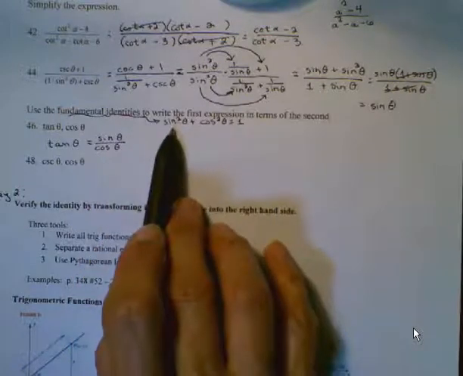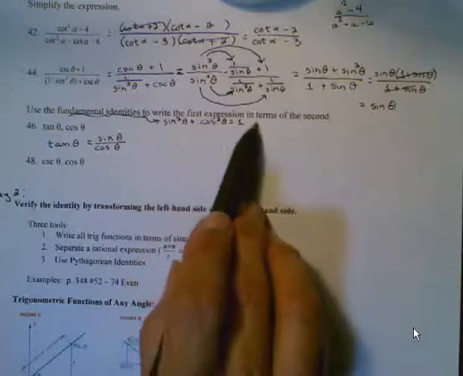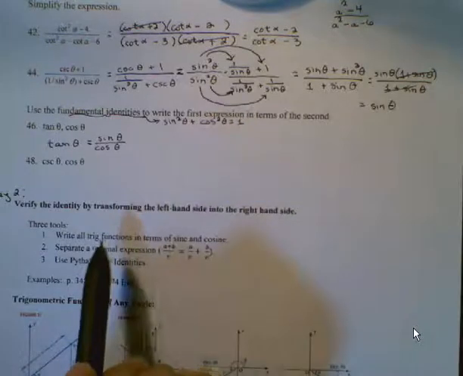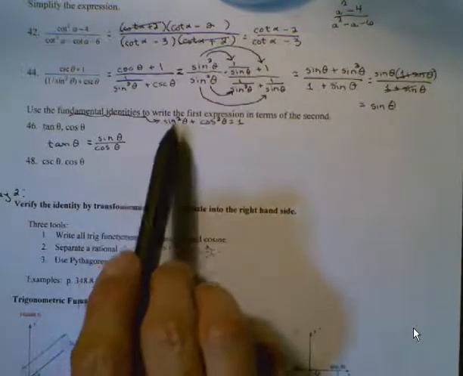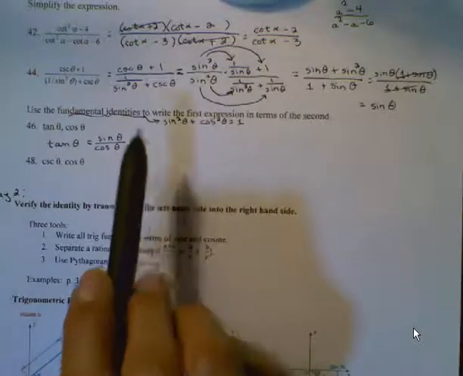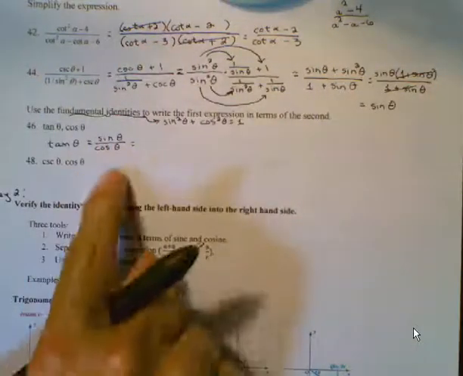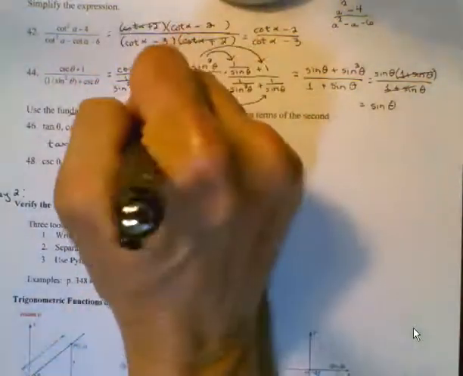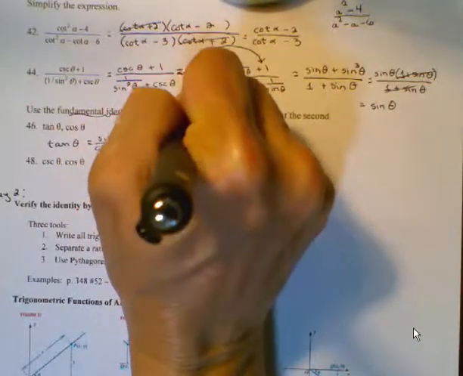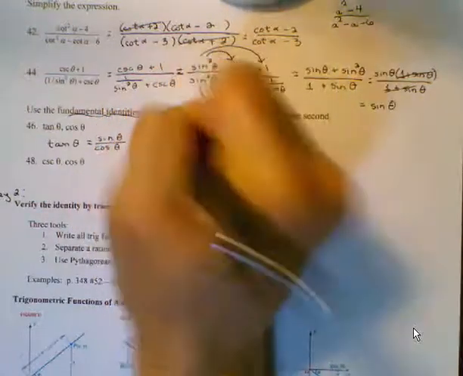That gives us a tool for changing this sine to something that only has cosines and numbers in it. If we solve this first Pythagorean identity for sine, we would have to subtract cosine squared from both sides and then take the square root of both sides. We're not worried about plus and minuses right now because we're only dealing with acute angles. But we can say that sine theta is just the square root of 1 minus cosine squared theta, and the denominator is cosine theta.